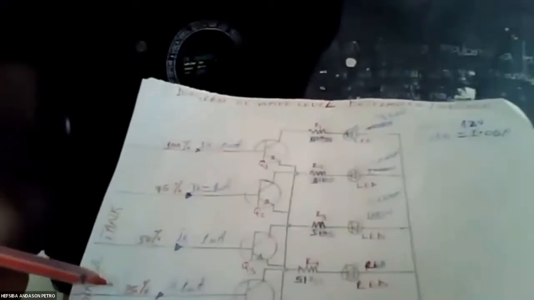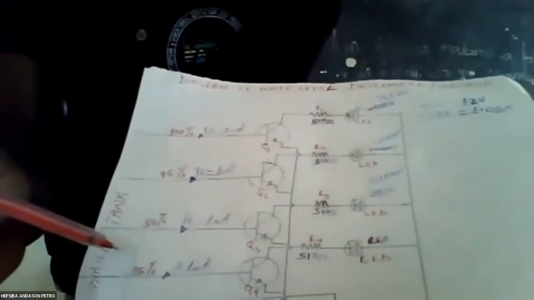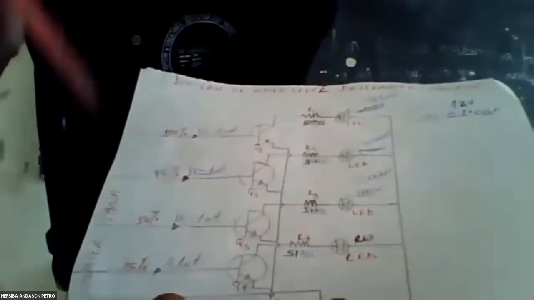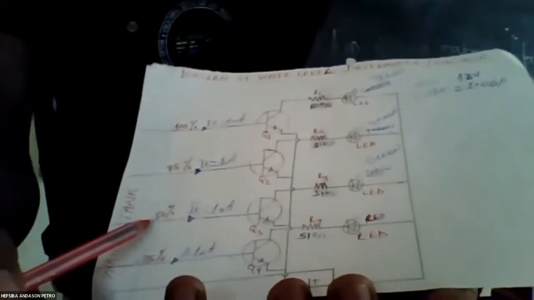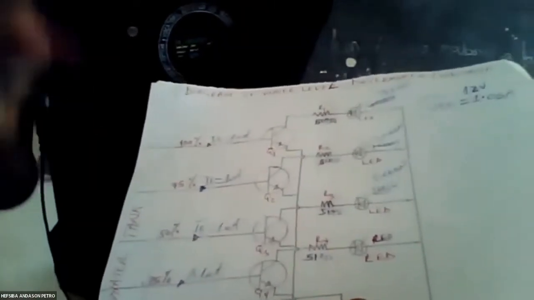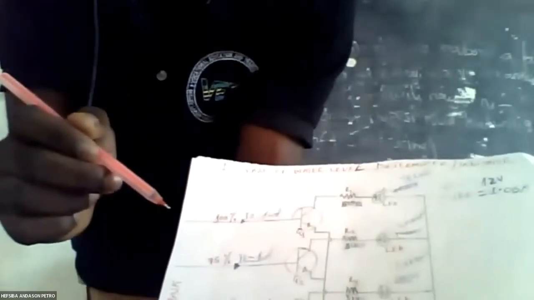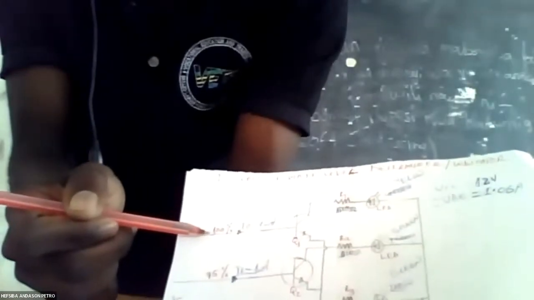When we fill water into the tank and it reaches here, we determine that the tank has 25% water. When it reaches here, there is 50% of water. When water reaches here, there is 75%. When it completely reaches here at 100%, we determine that the water tank is full.